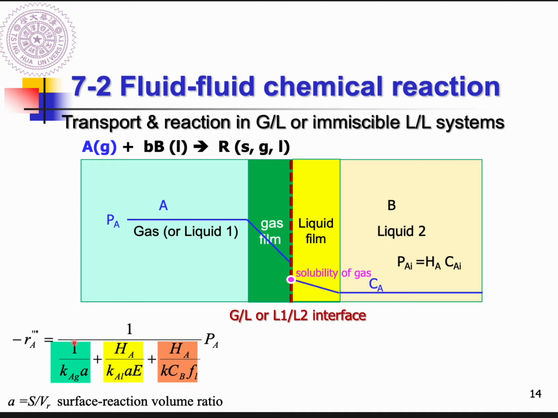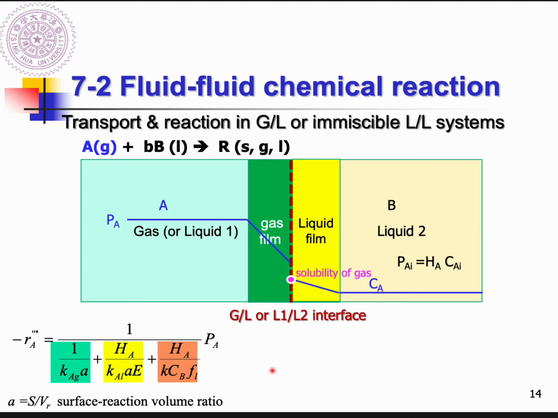And the bottom part corresponds to the resistance of individual layers. When molecule A passes the gas film, we have a resistance of the gas film, then it diffuses through the liquid film, so we have a resistance to describe the liquid film.